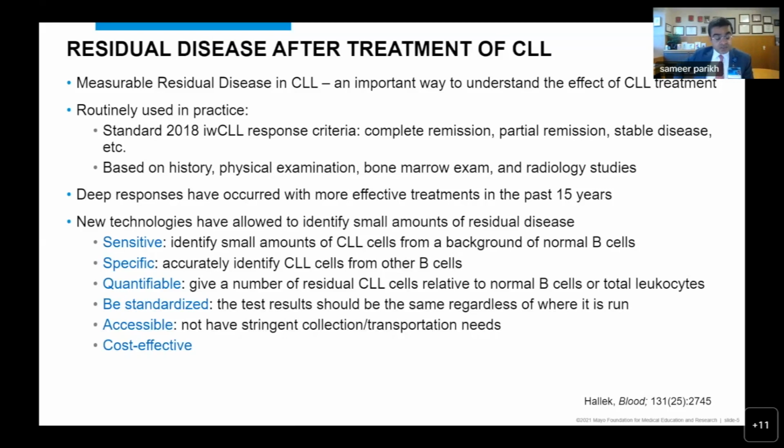They should be specific, meaning they should be able to tell us which are CLL cells compared to other B cells in the circulation. They should be quantifiable, and they should be standardized, so a test that is run here at Mayo Clinic is exactly the same as that run back home for you. And it should be accessible, meaning that it should not have stringent collection and transportation criteria. And of course, it should not cost a lot of money.